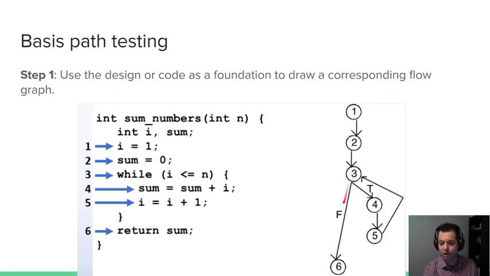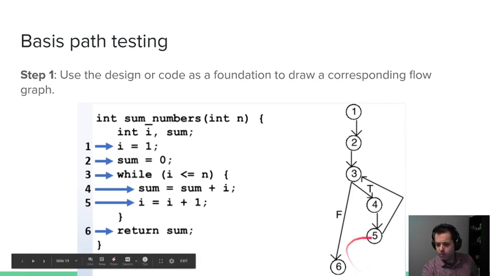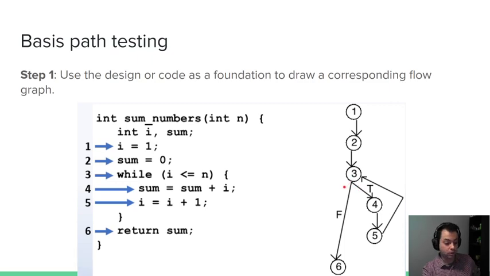Because we have 2 possible paths coming out of it. None of the other nodes are predicate nodes because we don't have 2 leaving. Then you might ask me, well, what about... I guess that's just kind of drawn funny. But basically, it's 2 or more edges leaving that node.